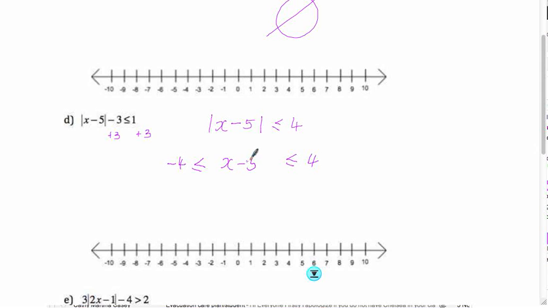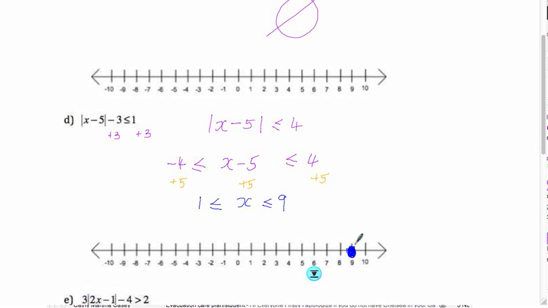So I drop the absolute value signs and rewrite it as a compound inequality. In this case it's an AND compound inequality, and now I'm in a position to solve. I'm going to isolate x by adding 5 to all sides, resulting in 1 less than or equal to x less than or equal to 9, which I am then able to graph on my number line.